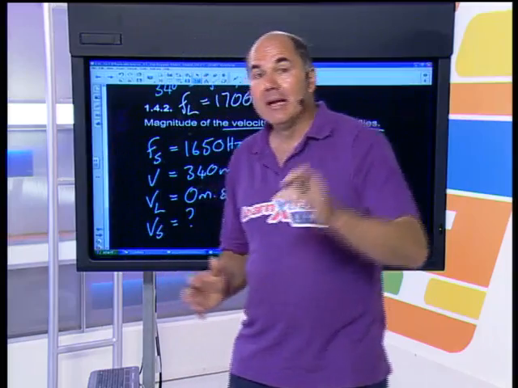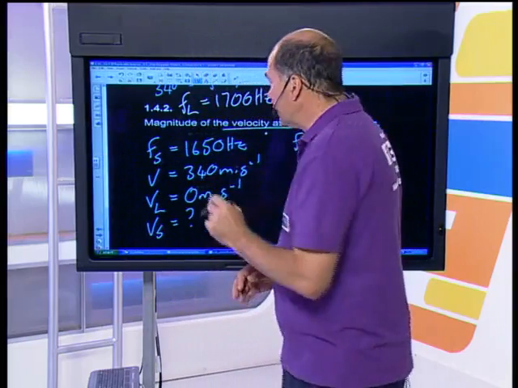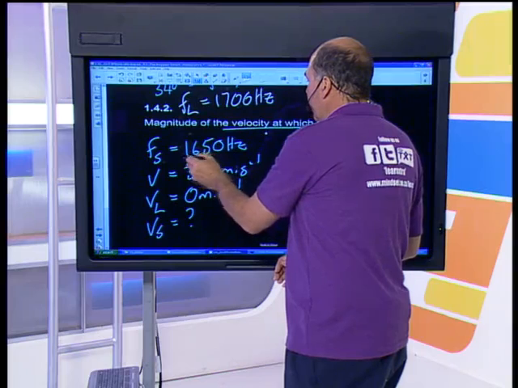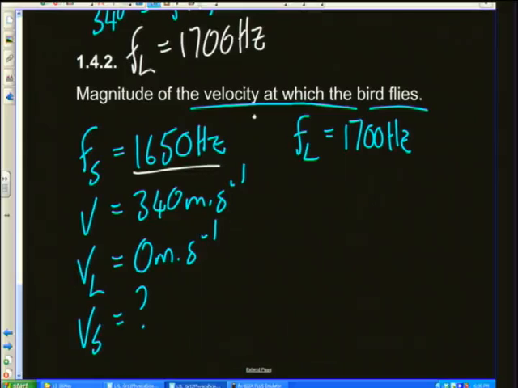Let's set it up and make sure that we've set up our equation. Take careful note. It makes sense, I can check that I've got the right answer. The source was 1650, the listener 1700. I know the bird was flying towards me, and I would expect a higher frequency.